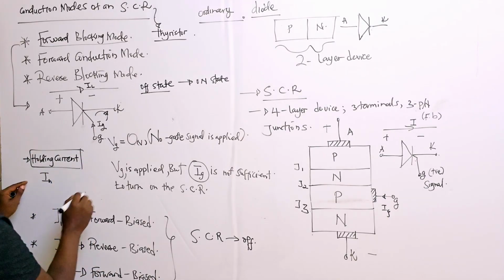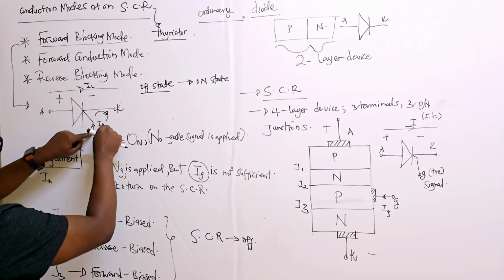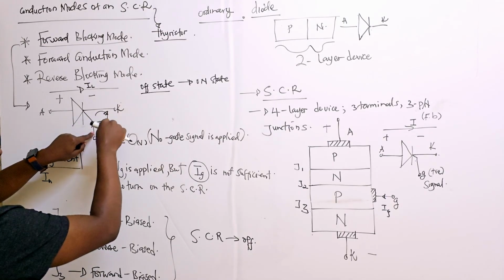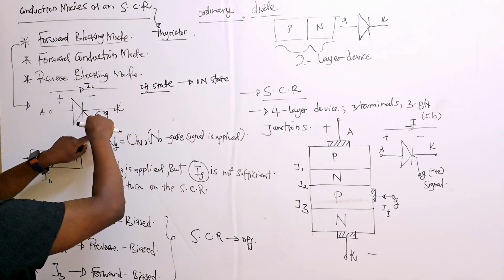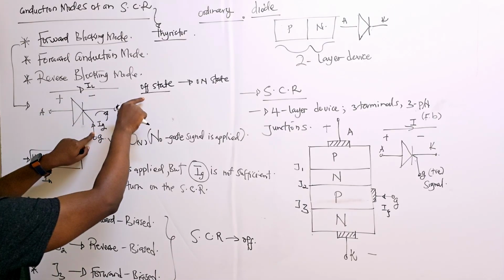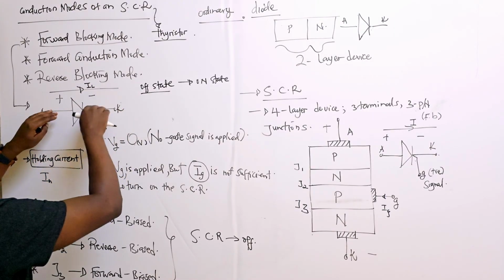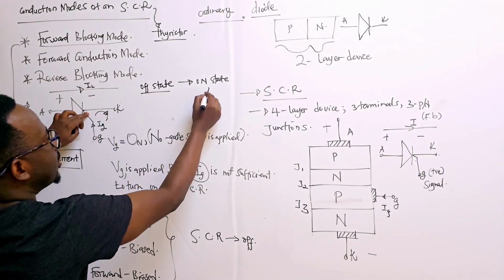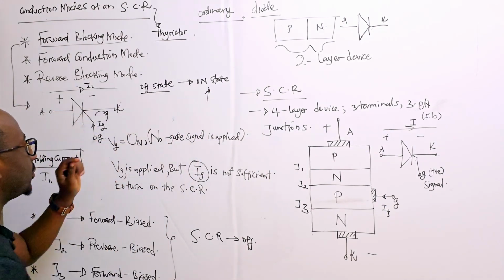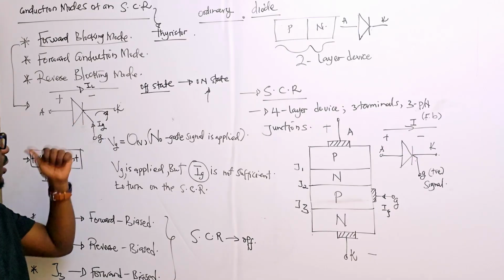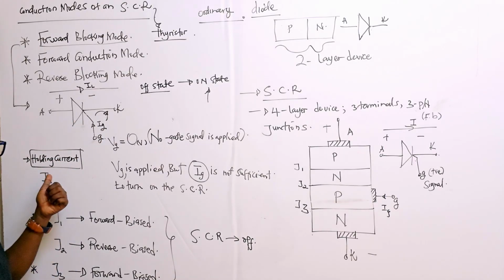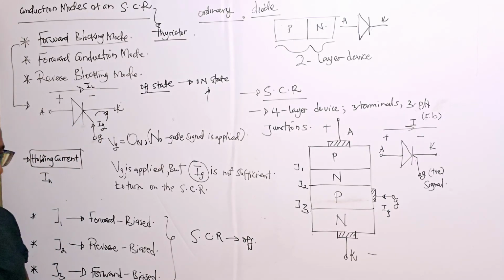We trigger the gate with a certain gate triggering current. The minimum required current to maintain the SCR in the on state, even when VG is zero or IG is equal to zero, is what we call the holding current. It is typically in the range of 5 to 50 milliamps for thyristors or SCRs.